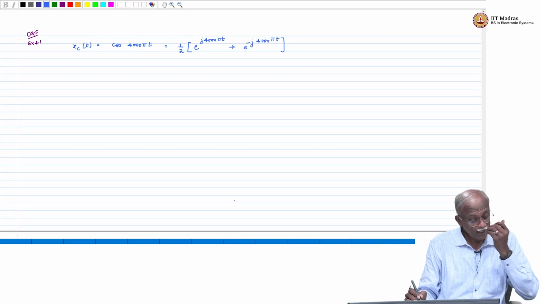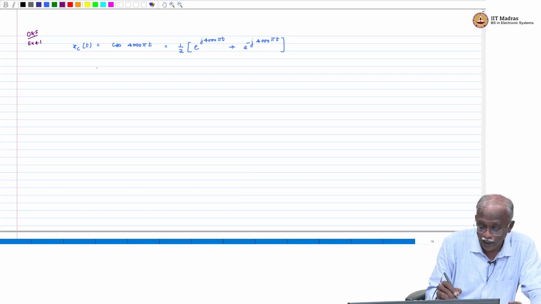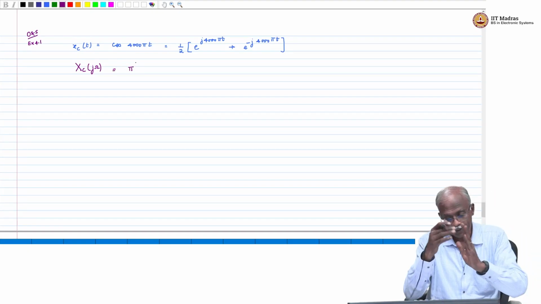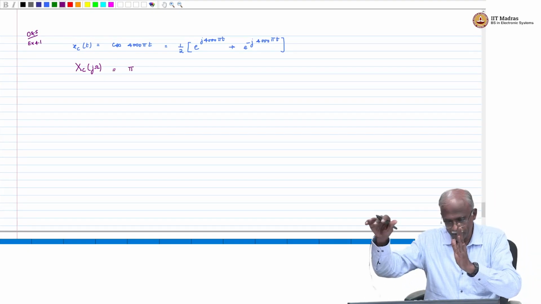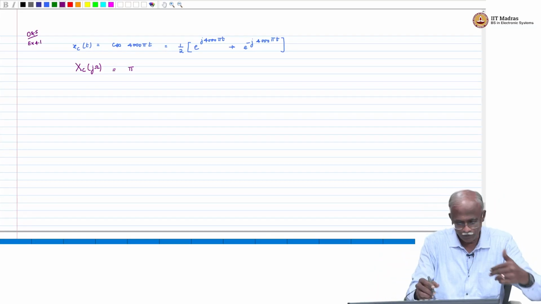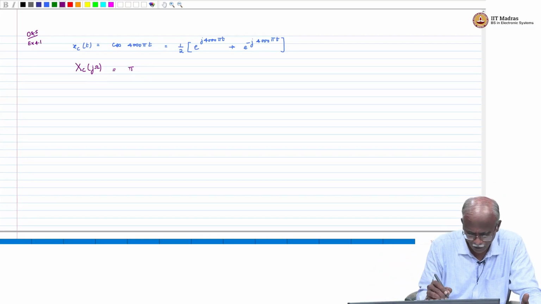Okay. And this also can be converted into a Fourier transform, xc of j omega, that will be given by pi, that is the scale factor. You have 2 pi as the scale factor for conversion from exponential to delta, but now you got a scale factor of half, so it becomes a factor of pi.